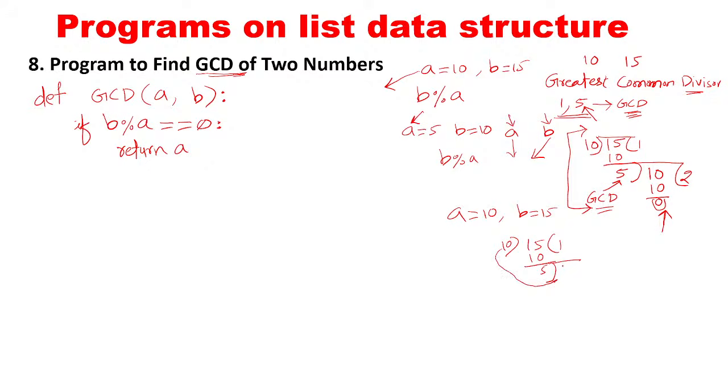The remainder becomes a, and the previous a value now becomes b here. So you need to interchange these values. Then only the same process continues, that means it should continue the same division process.